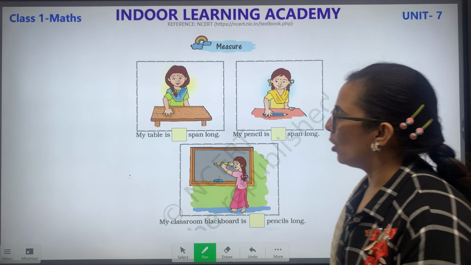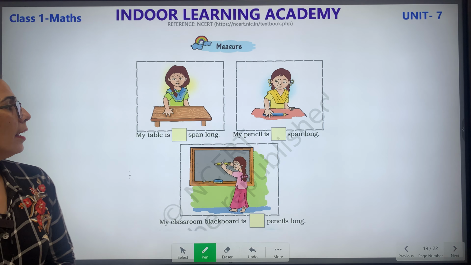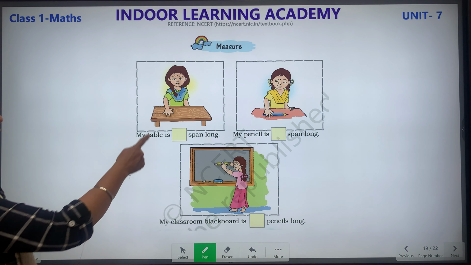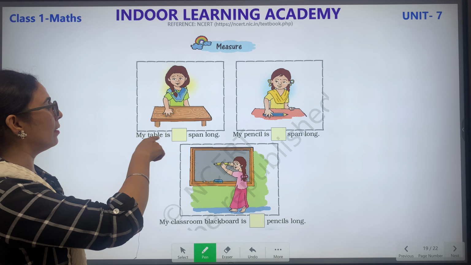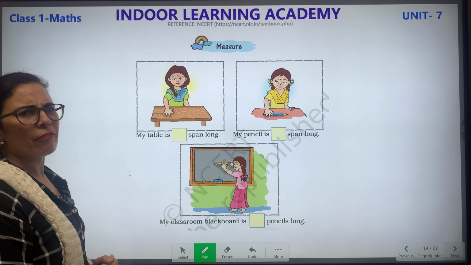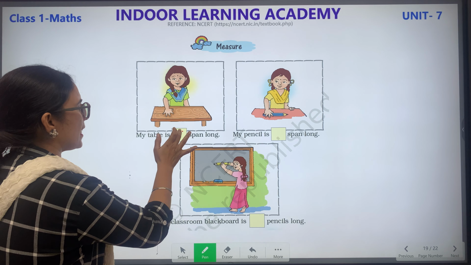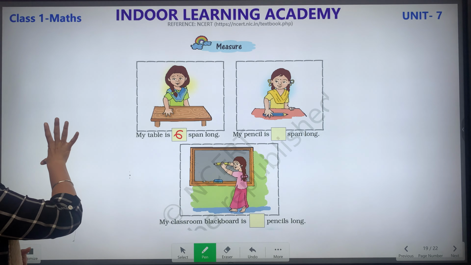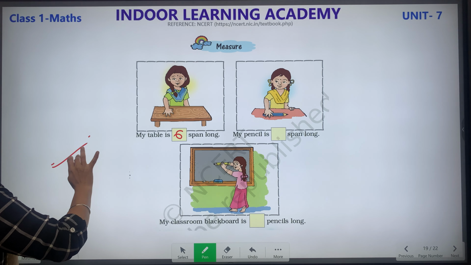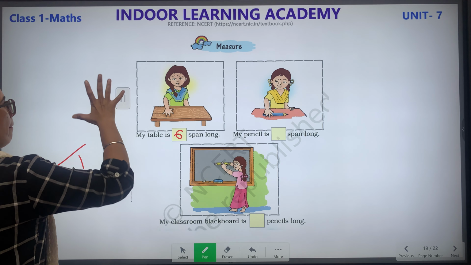Now measure. Now what is this girl doing here? This girl is again measuring the table. My table is dash span long. It might be 5 to 6 span long. मतलब कैसा? See, this is 1. This is 2.